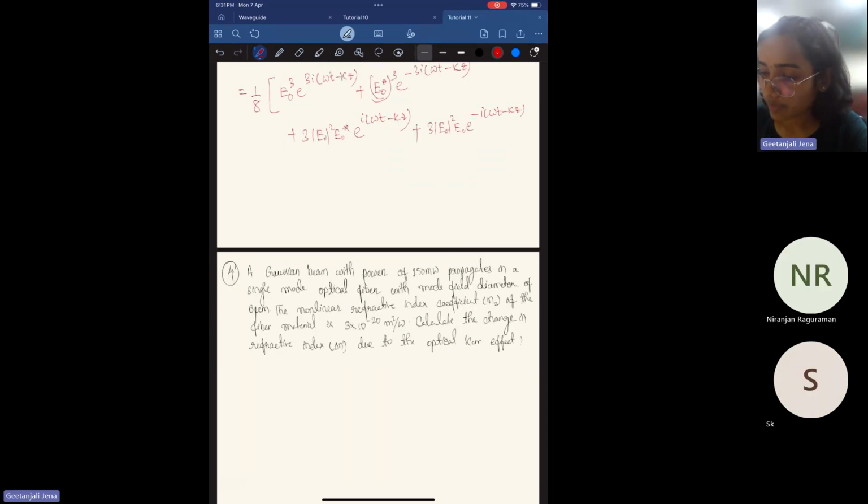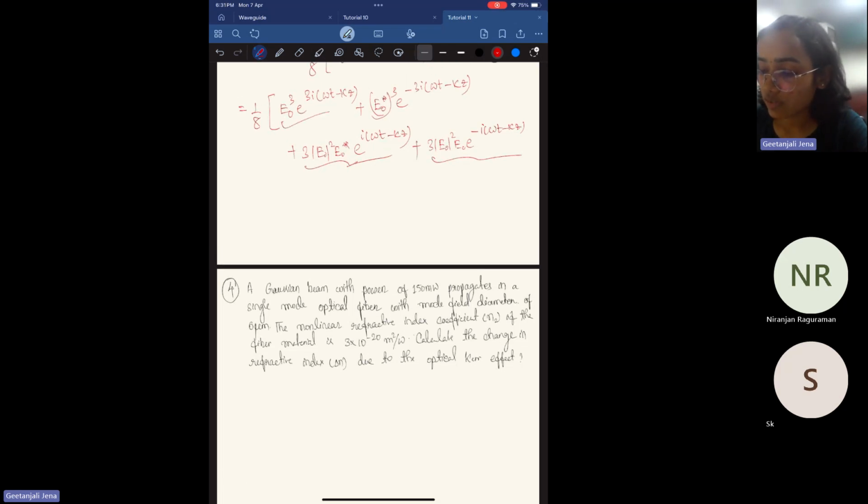So we are not interested in these terms, because the question asks about the nonlinear polarization corresponding to third harmonic generation. So only these two terms will contribute to the third harmonic generation.